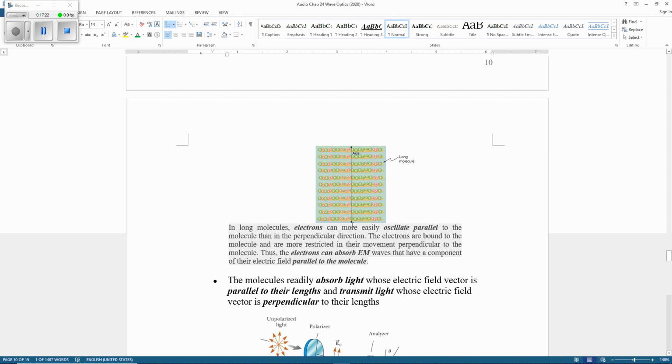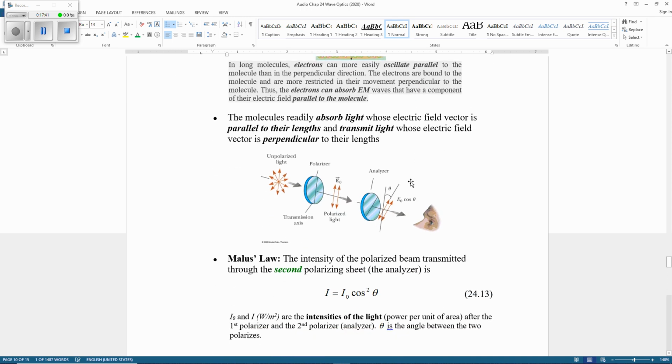Now after natural, unpolarized light passes this piece of material, what happens? The electric field will always go in this direction and not that direction. Let's see what happens.